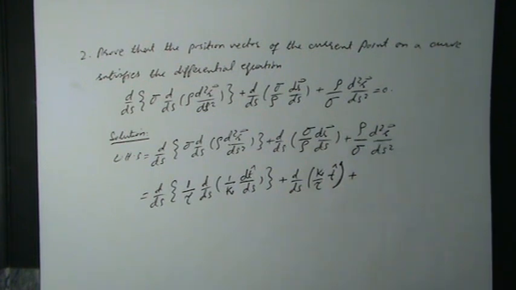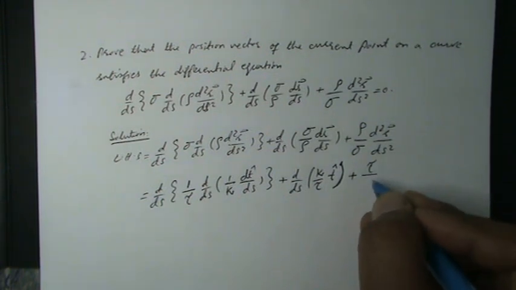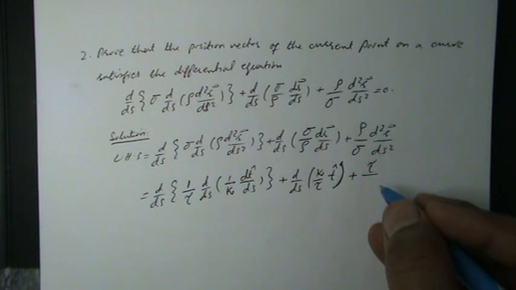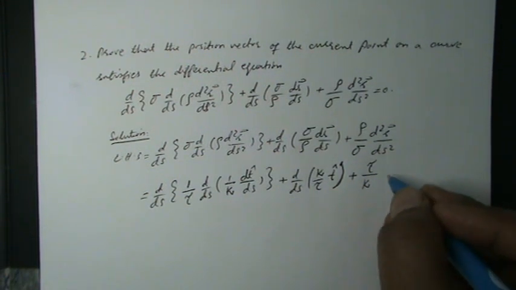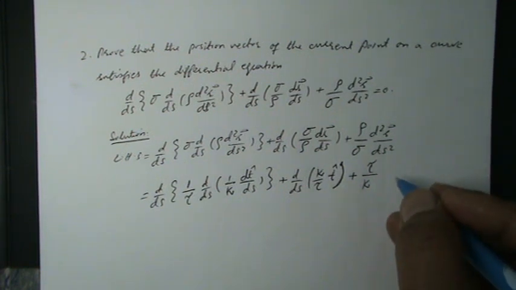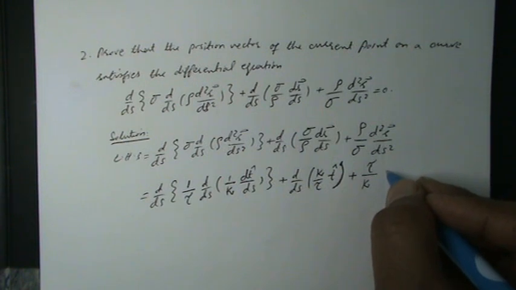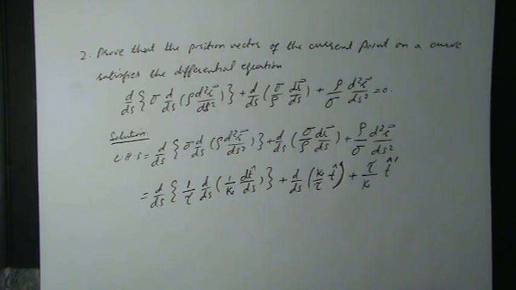Similarly rho over sigma will be tau over kappa, and d2r over ds squared is equal to T dash, the T unit vector derivative.